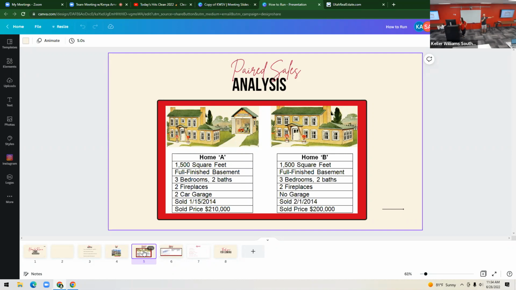If you were to go and try to be an appraiser, this is class number 1. And in these classes, we look at 2 sold homes. And only ever in these classes can you find 2 sold homes where there was only one significant difference. So if you're looking at this slide, you see these homes are exactly the same, except for home A has a 2-car garage and home B does not.